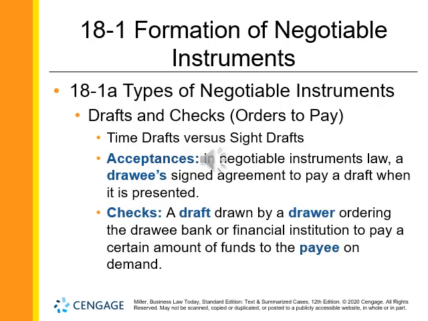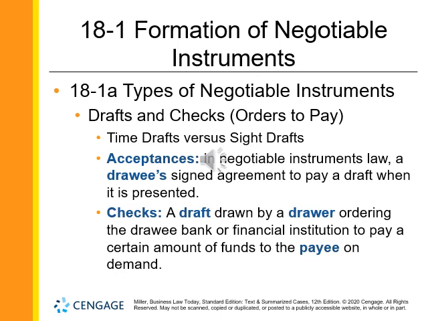Types of negotiable instruments. A draft is an unconditional order by which the party creating the draft, who is called the drawer, orders another party, the drawee, typically a bank, to pay money to a third party to whom the instrument is made payable, the payee. This is not necessarily the same as a check.